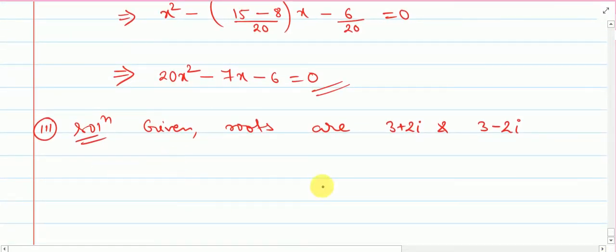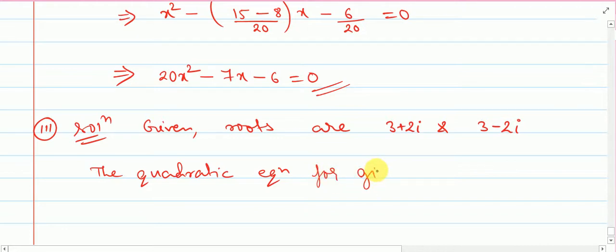We are looking for a quadratic equation which will have 3 plus 2i and 3 minus 2i as roots. So the quadratic equation for the given roots is, so here roots are given.